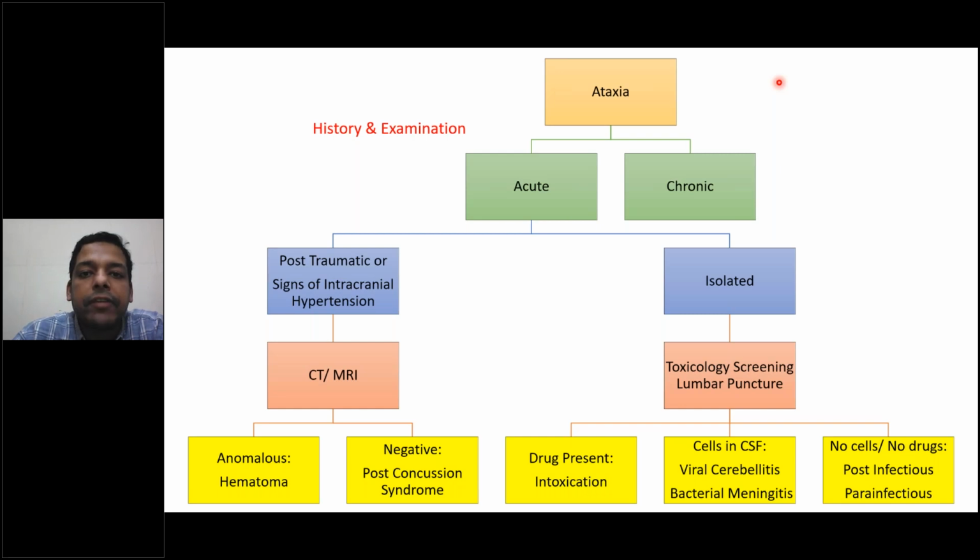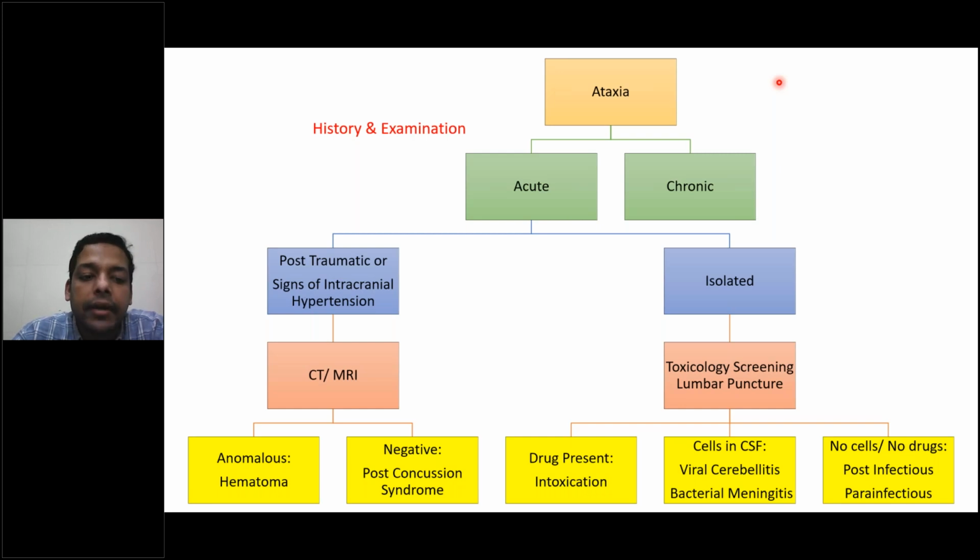Then let us first take acute ataxia. Acute ataxia can further, on the basis of the history, be identified as whether it is post-traumatic or not. And also on the basis of the history and examination, we need to know whether there are some signs of raised intracranial pressure.